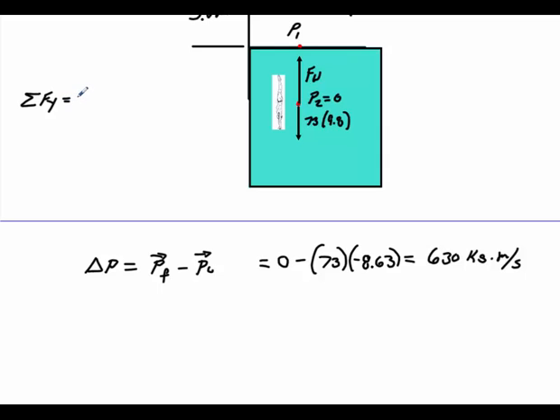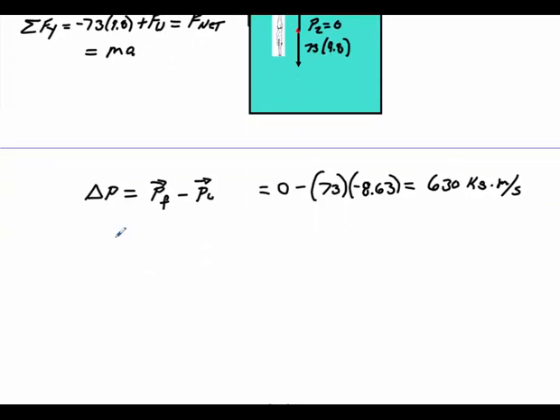When I do that, I get minus 73 times 9.8 plus the force the water is pushing up. That always equals the net force, or mass times acceleration, which is the same thing as the net force. We'll find the net force by using the impulse, because the change in momentum is equal to impulse.